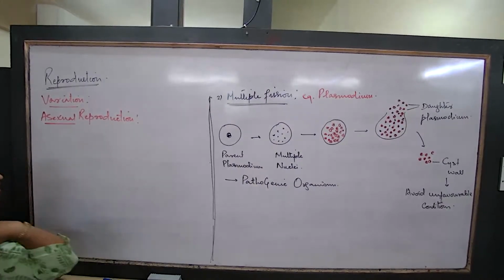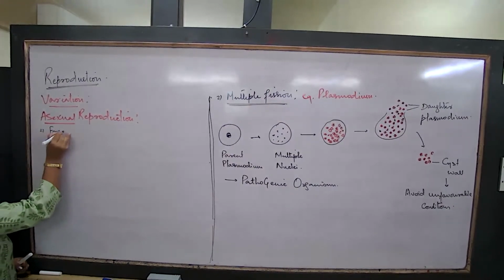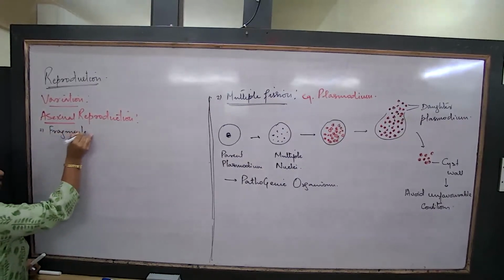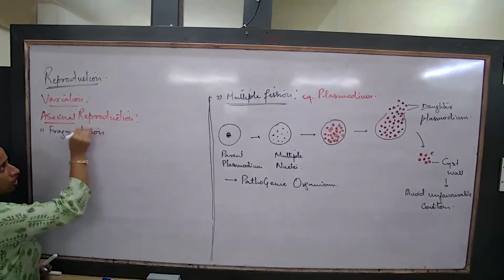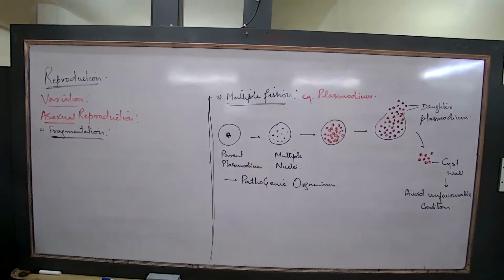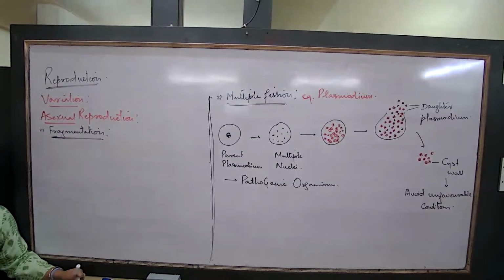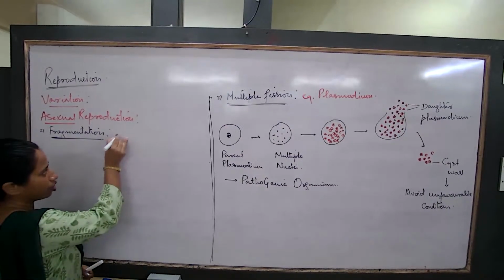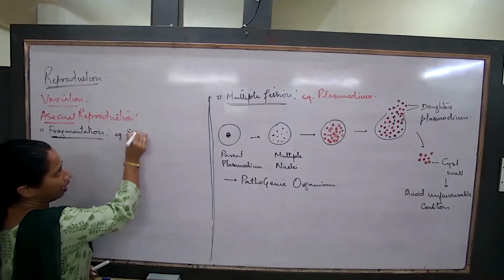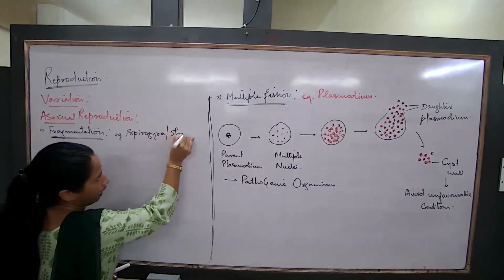Now, after the concept of fission, we come across a concept known as fragmentation. What is fragmentation? Fragmentation majorly happens in multicellular organisms, but still they are simple. They are not that complex multicellular organisms. Examples are Spirogyra and Lobelia.